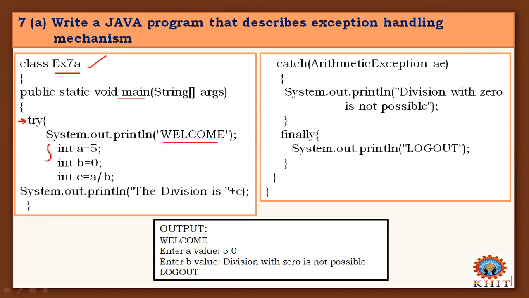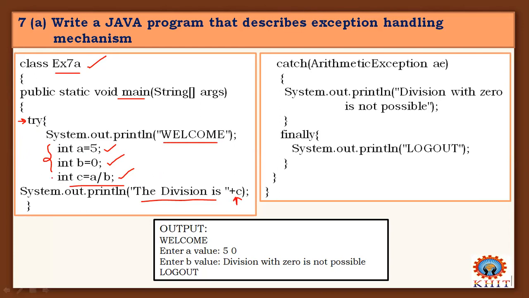I have two variables and one expression. A is initialized with 5, B is initialized with 0, and C has an expression A divided by B. The division result is stored in C, and that's why I'm displaying the division result.